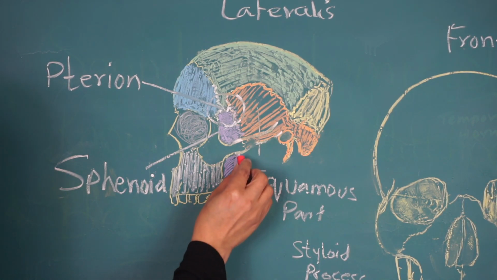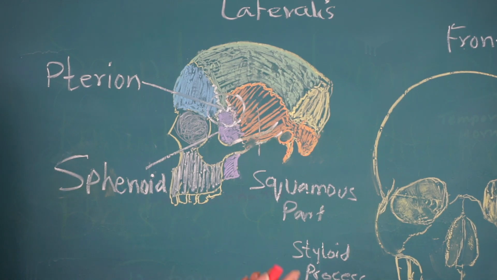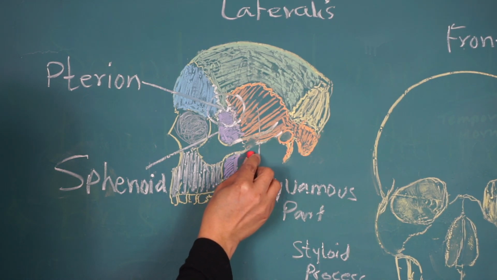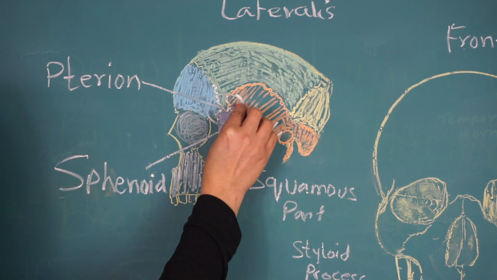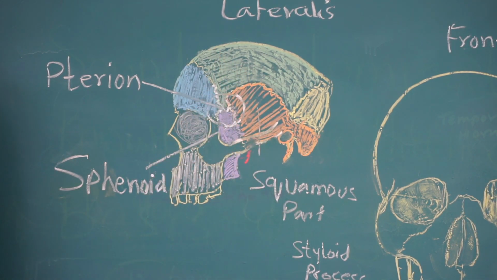The middle meningeal artery is a branch of the external carotid, and it just climbs up from the region of the face, and it ends up entering through foramen spinosum, an opening at the base of the skull.